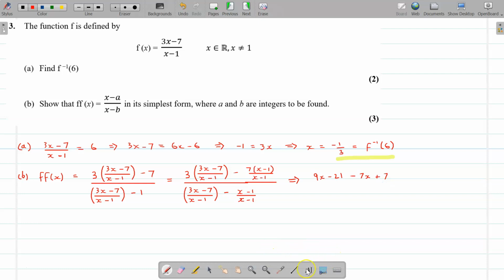Okay, and then underneath that I'm going to just have 3x minus 7 minus x plus 1. Okay, so 3x minus 7 minus x plus 1.